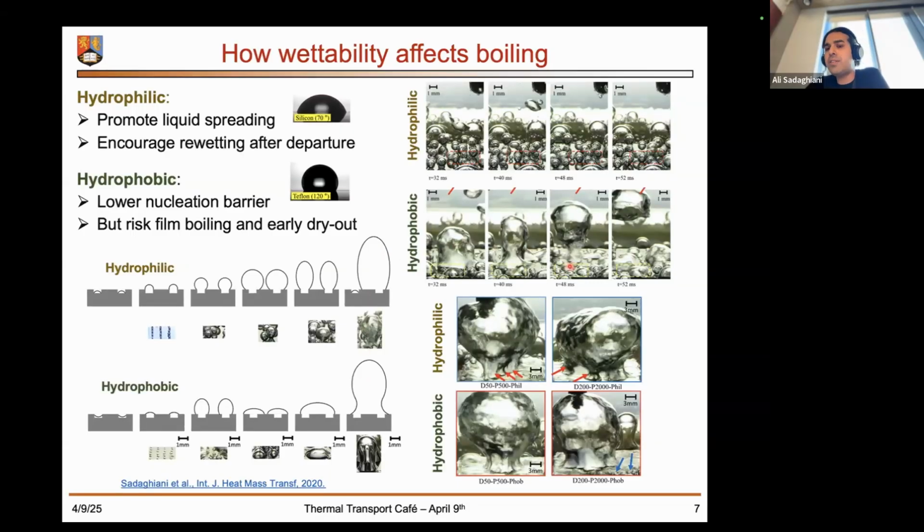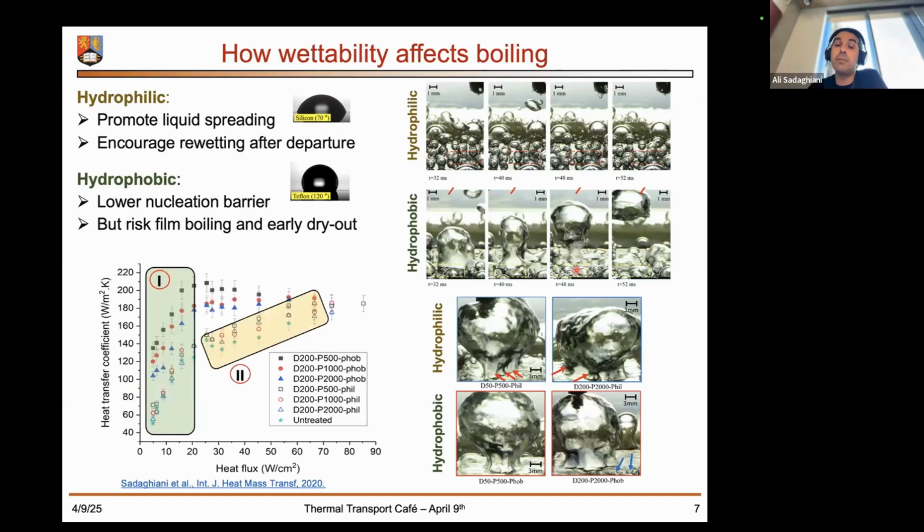One interesting thing is that on hydrophobic surfaces, after departure of the large vapor column or vapor bubble, we observe some vapor residual on the surface, which facilitates the nucleation, growth, and departure cycle in the boiling regime, and this partially results in the enhancement in the nucleate region.